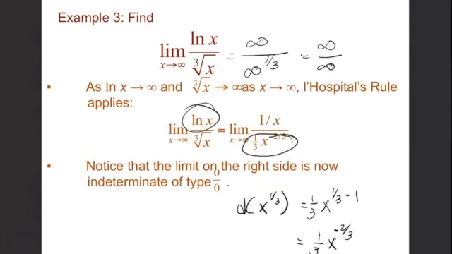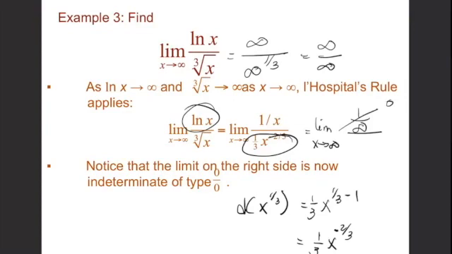Simplifying this, we now have the limit as x approaches infinity. Now, what is the limit here? The numerator, if we apply 1 over infinity, is 0.